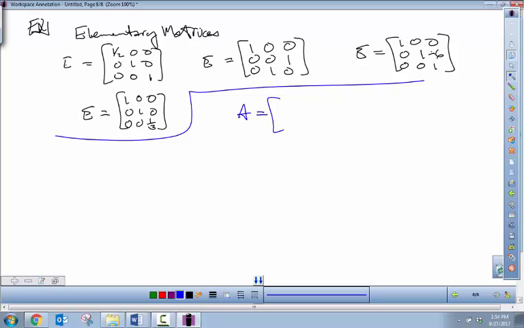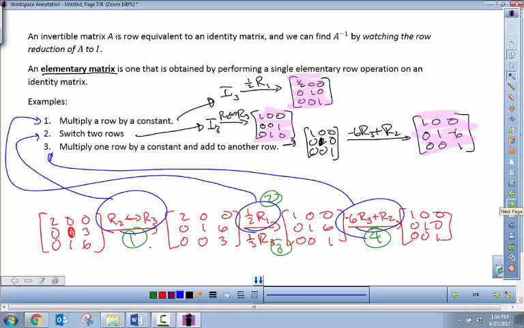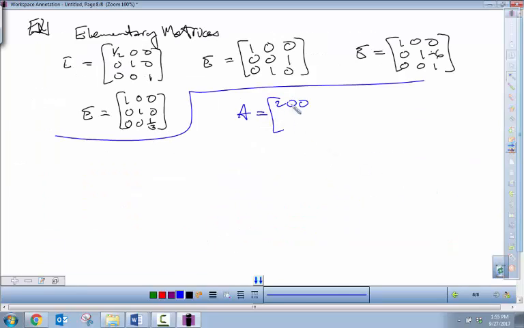So now let's take our matrix A, and I'll use the same A matrix that we had before. 2, 0, 0, 0, 0, 3, and what was the last one? 0, 1, 6. I'm going to put numbers on these now. I'm going to call this E1, the one where we switch rows, because that's the first move we did.